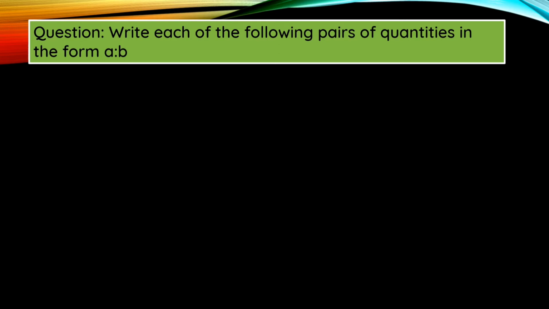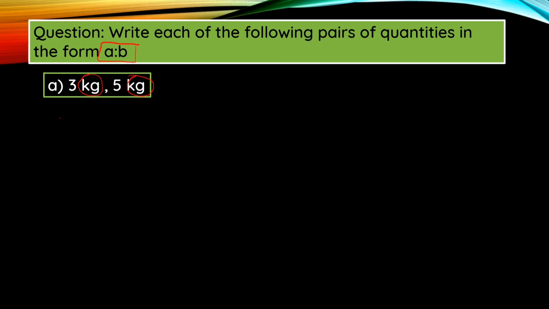Question: write each of the following pairs of quantities in the form A:B. Question A, 3 kilogram, 5 kilogram. How do we write it in the form A:B? The unit are same here, kilogram.